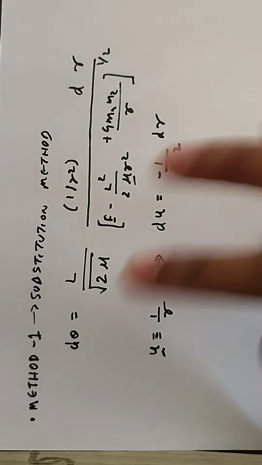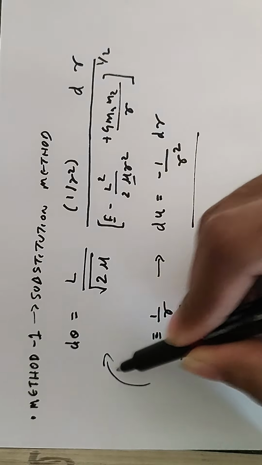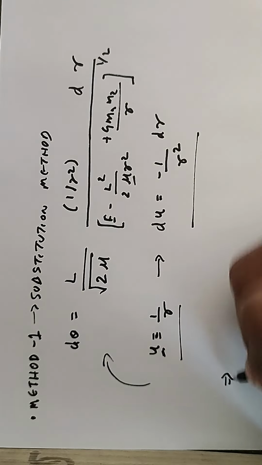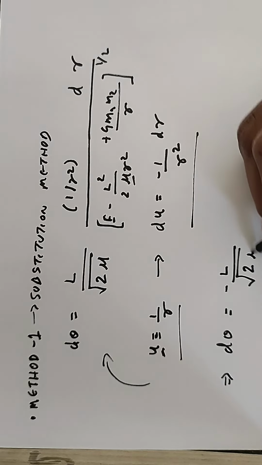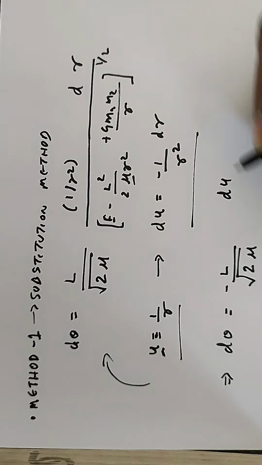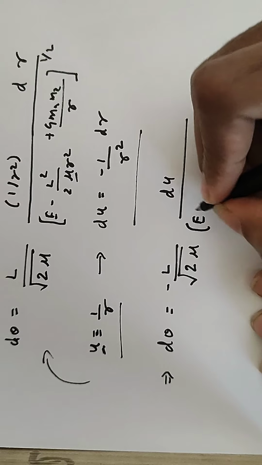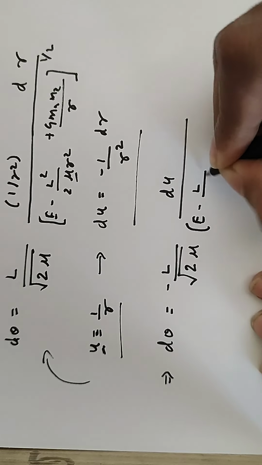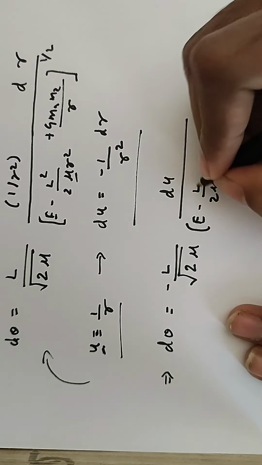What we do is we substitute this onto this equation, so we get d theta is equal to minus L upon under root 2 mu d of u, over E minus L square upon 2 mu u square plus G m1 m2 u.